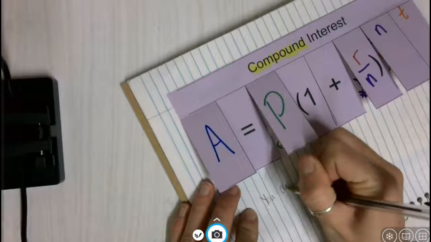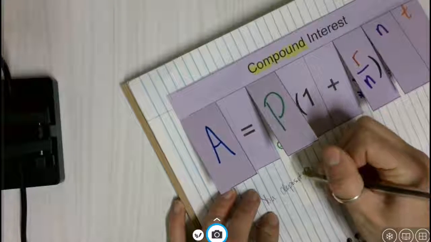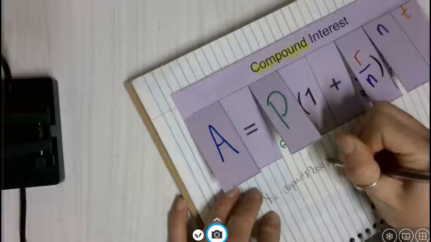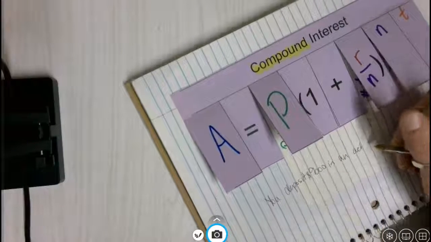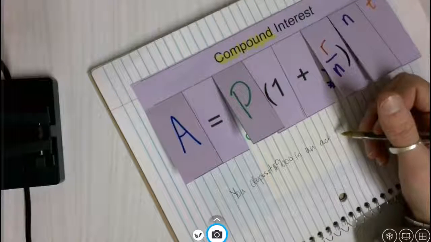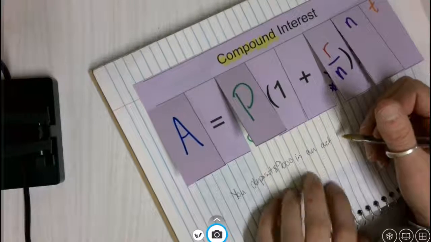So you deposit $9,000 in an account, and I'm going to abbreviate some of my words just because I know what I'm talking about, and you can feel free to do that as well as long as you know what your words mean.